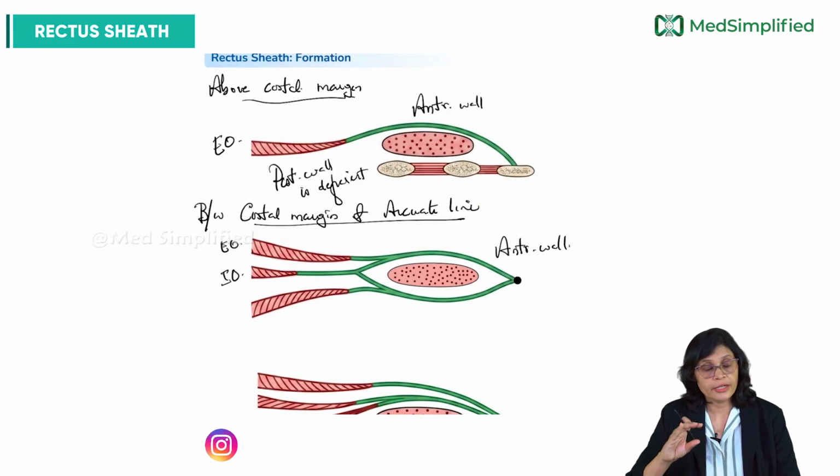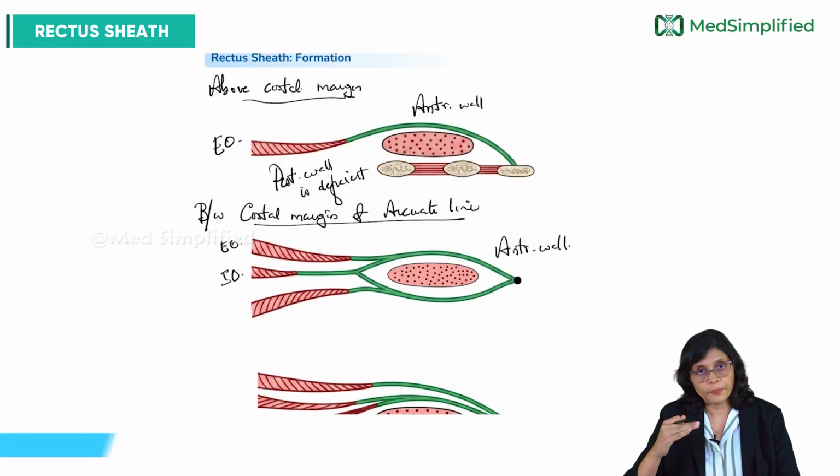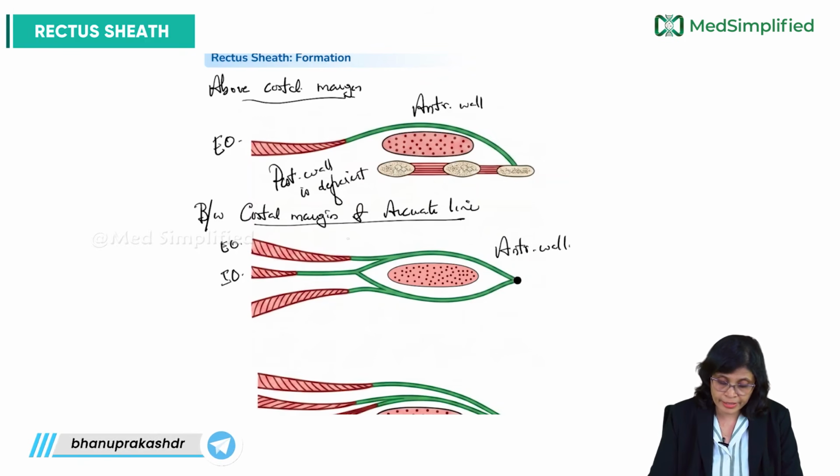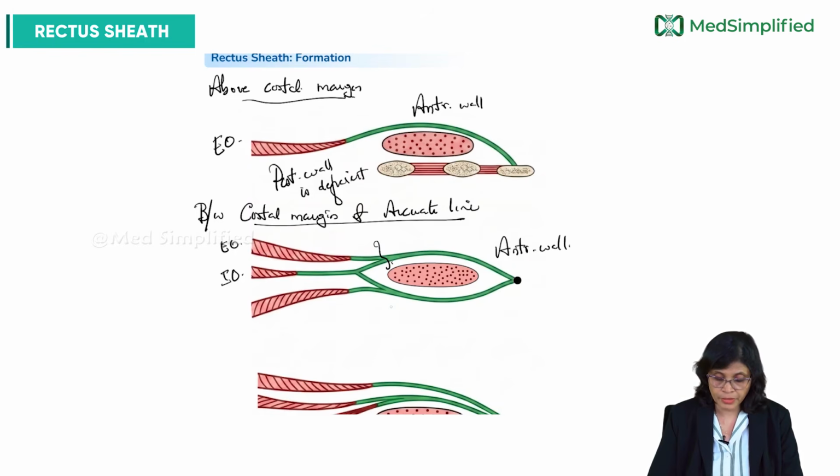So what is this? Here the internal oblique aponeurosis will split to form an anterior lamina and a posterior lamina. So here anterior wall will be formed by the fusion of these two, okay, that is aponeurosis of external oblique and the anterior lamina of internal oblique.